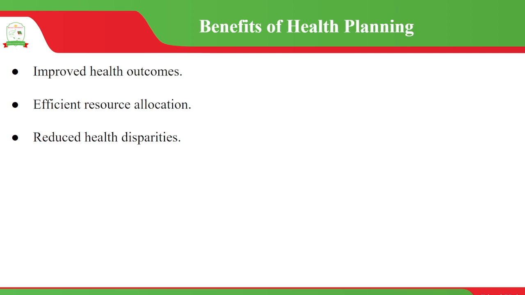If we actually do health planning quite well, the following will happen. One is that you will know where to put your resources. You will know how to allocate your resources to get better health outcomes for the population. That means you avoid wasting resources. You also make sure that the communities or the population actually get the interventions that address their immediate needs.